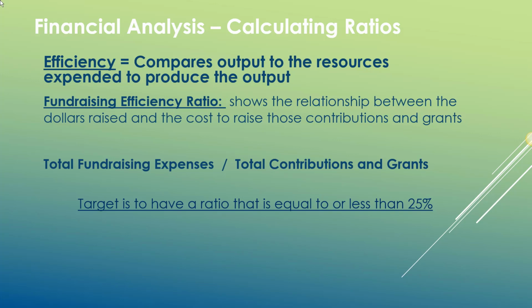So if you have investment income, that's not included. Or if you have other program revenue that you generate, that's not included. So the target here is for that ratio to be equal to or less than 25%.